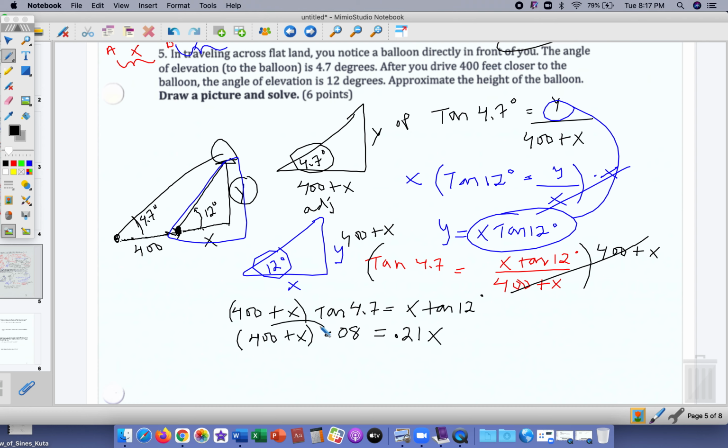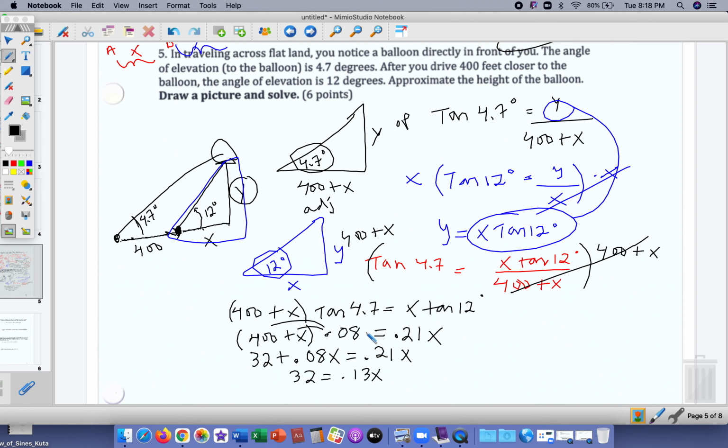Now I'll distribute the 0.08 to 400 and x. So we have 400 times 0.08, so we have 32 plus 0.08x is equal to 0.21x. We now are going to get our x's on one side, so we'll subtract 0.08x and we'll get 0.13x.